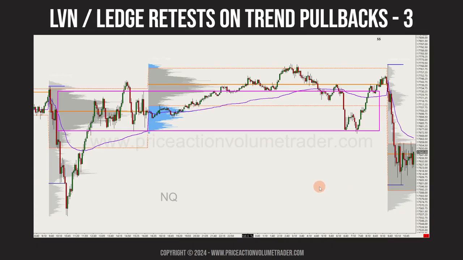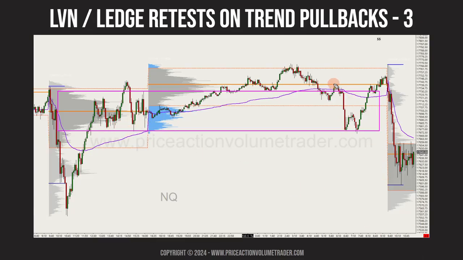This is another example on the NASDAQ market intraday, and in this one you can see we had this regular trading hours. We left this really significant and clear high volume node where we found a lot of resistance, a lot of support towards the end of the session.